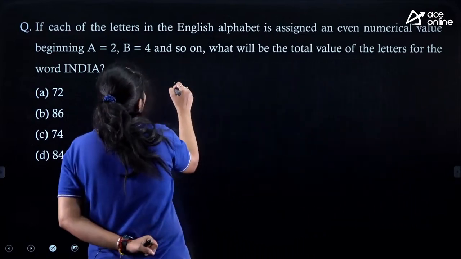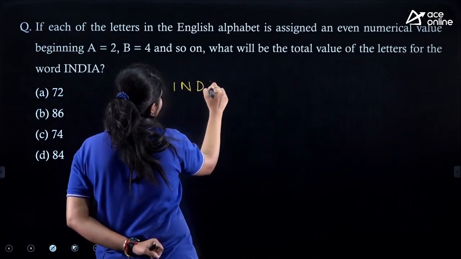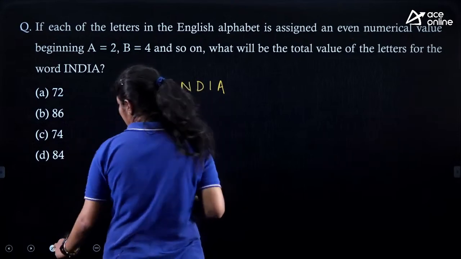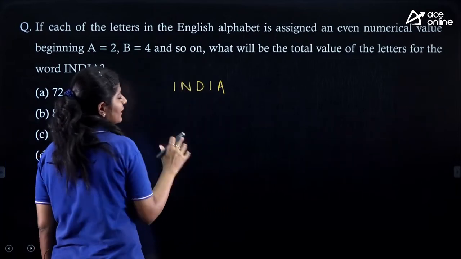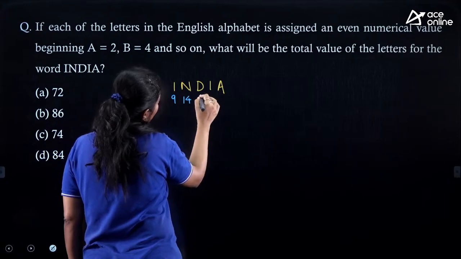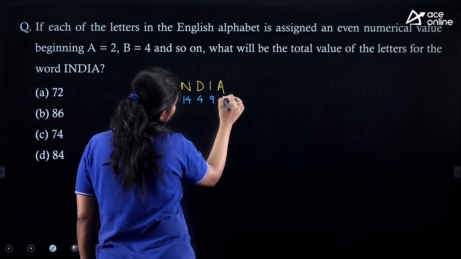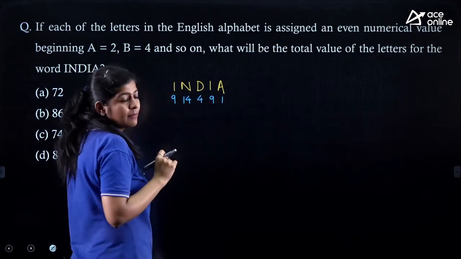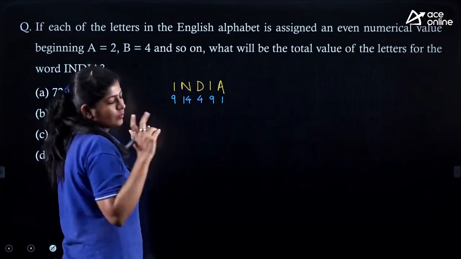Here for the India, we can write it like this, right? There are two methods. First, write down the actual associated numbers 9, 14, 4, 9 and 1. Now just multiply each of them by 2. This is the first approach.